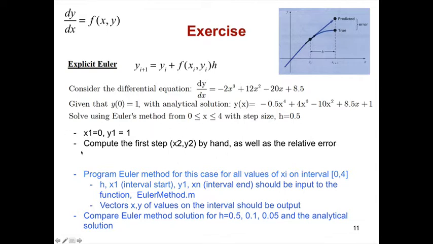So the first thing that I'd like you to do is to just do it by hand before you start programming, and then we'll program. So if dy/dx is equal to this, and my Euler's method is given, my f of x, y is defined as this, which is really f of x in this case.